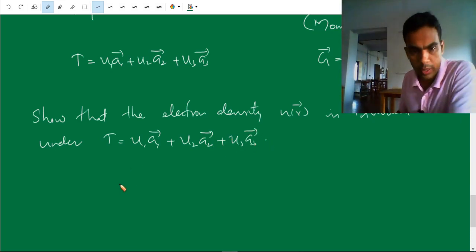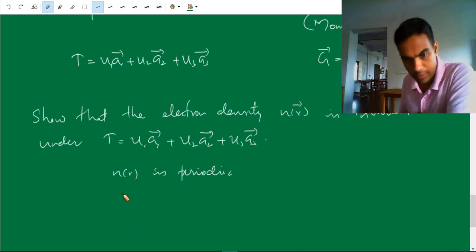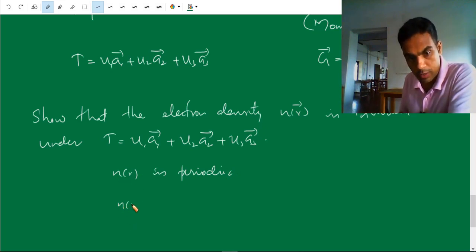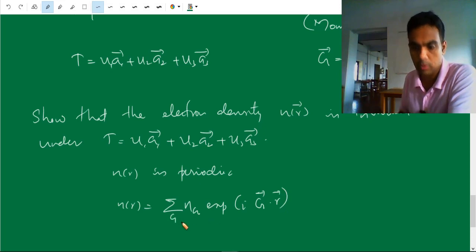We know that n of r is periodic. Therefore, we can write n of r as a Fourier series. That is, n of r is equal to the sum of n_G exponential i G dot r for all G vectors.